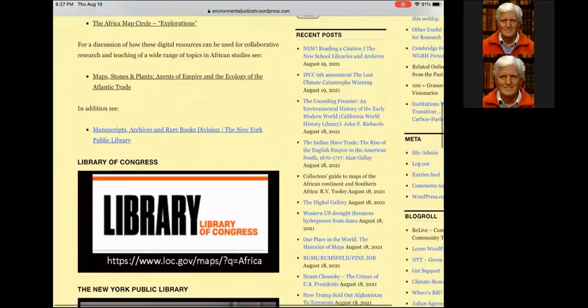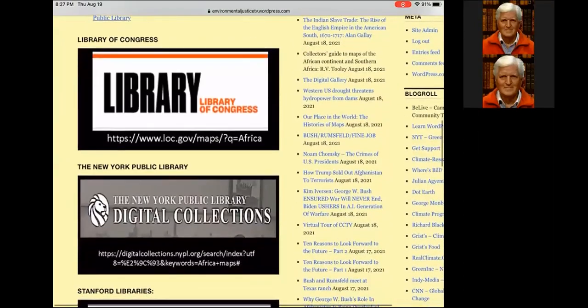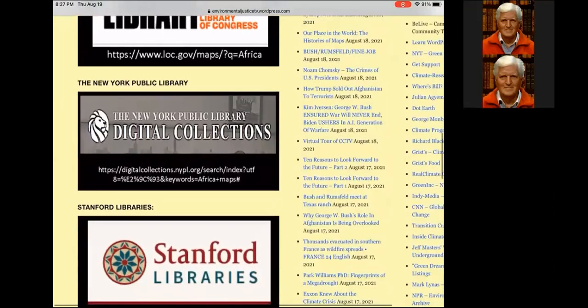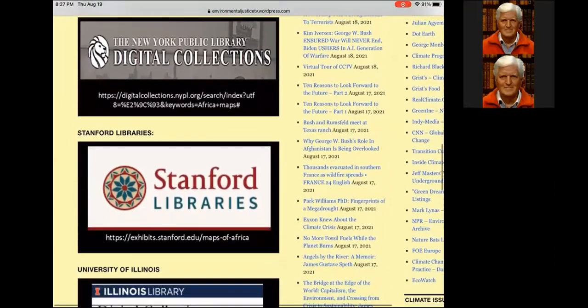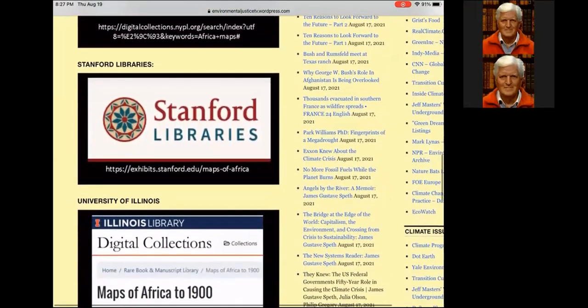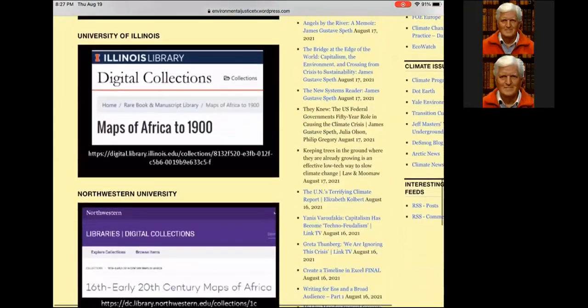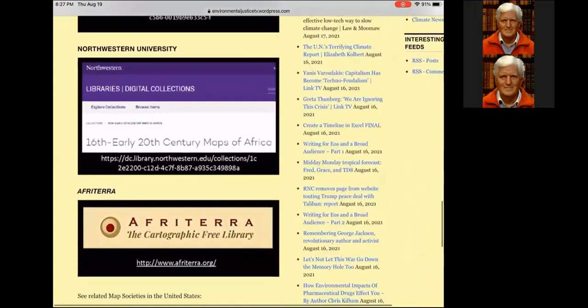There are several libraries you can draw these things from, including the Library of Congress, New York Public Library, Stanford University Libraries, University of Illinois, Northwestern University, and a very valuable private collection entitled Afriterra. Their maps are perhaps the best organized in all of these different libraries. So let's take a look.